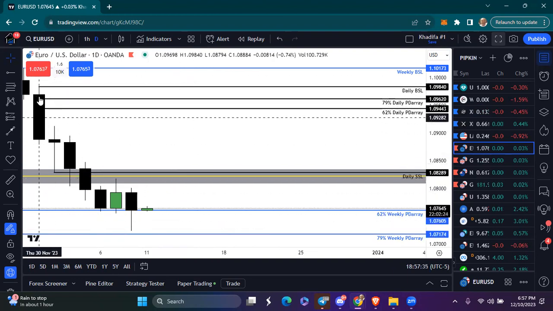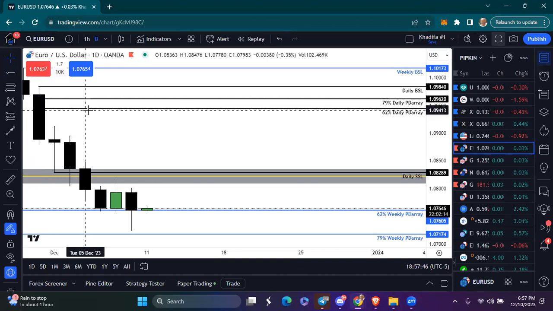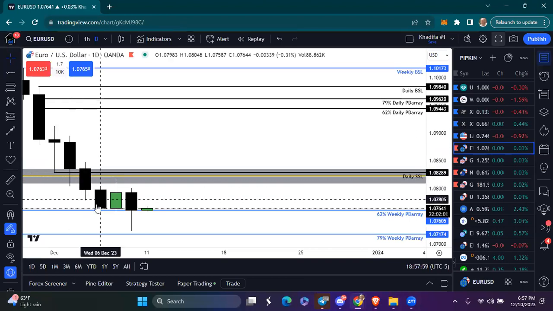back up, push back up into November the 30th price range, right? This daily candle that we see here, which is a Thursday before last, right? That price range is the price that I expected price to push up into last week, but instead we got these bearish candles to the downside last week.